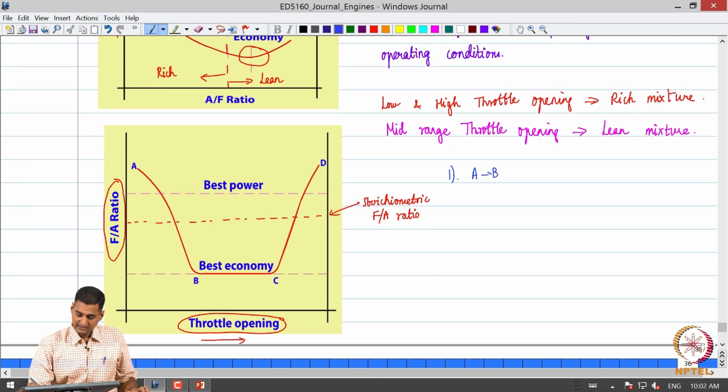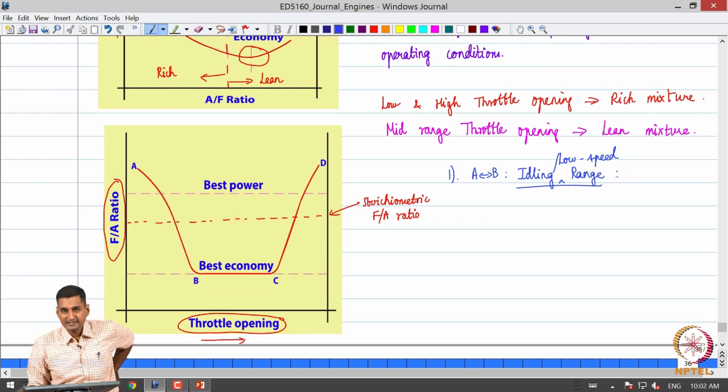The region A to B is what is called the idling range, and of course the low speed range, or the initial acceleration range and so on.